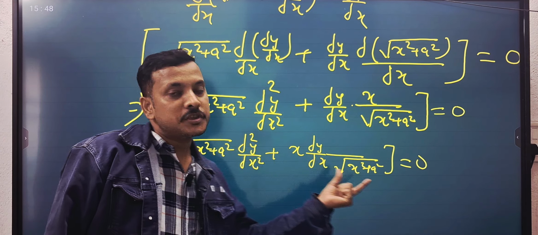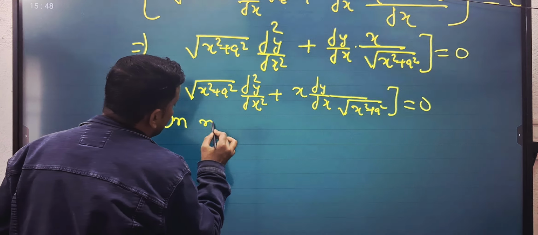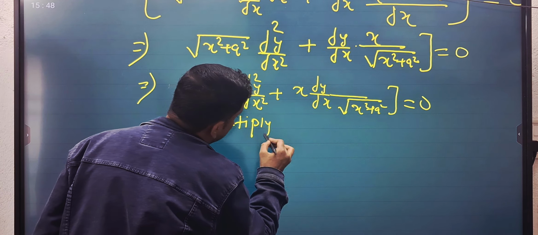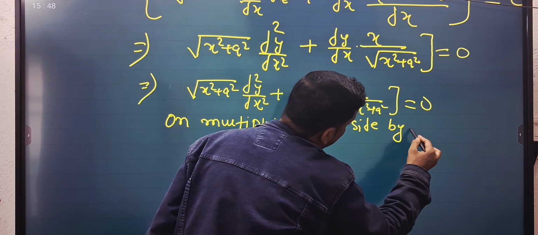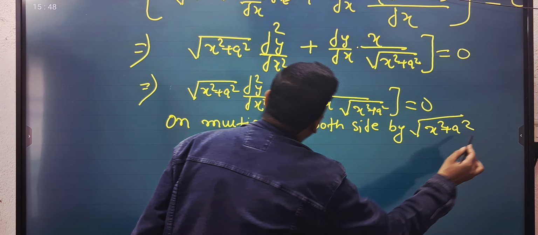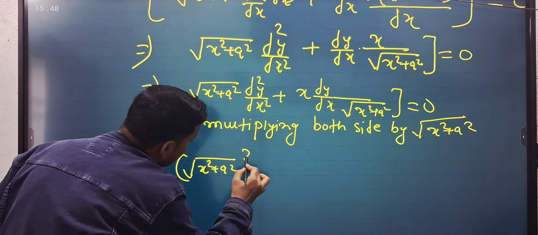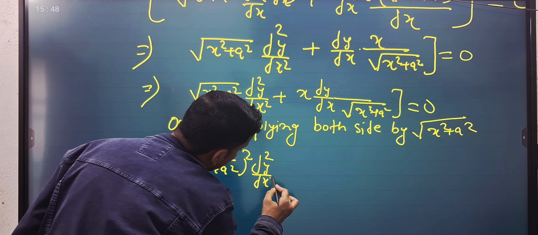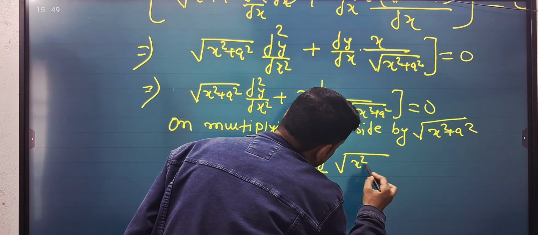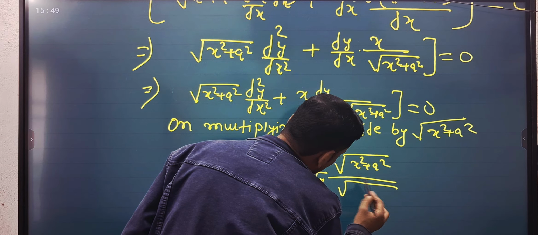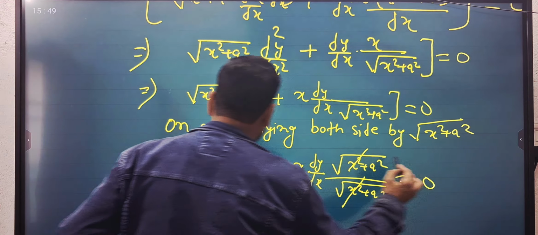Now on multiplying both sides by root under x square plus a square, you will get root under x square plus a square whole square, because 2 times, d square y by dx square plus x dy by dx, and the numerator also will be x square plus a square because we are multiplying, and the denominator is already there, so the same term will be cancelled, equals 0.